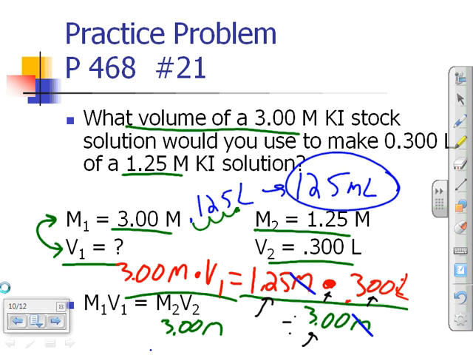So if we want to make up that solution, we take 125 milliliters of our stock solution, we put it in a container, and we add enough water until we reach 0.3 liters or 300 milliliters, and we are set to go. Then there we have our solution.